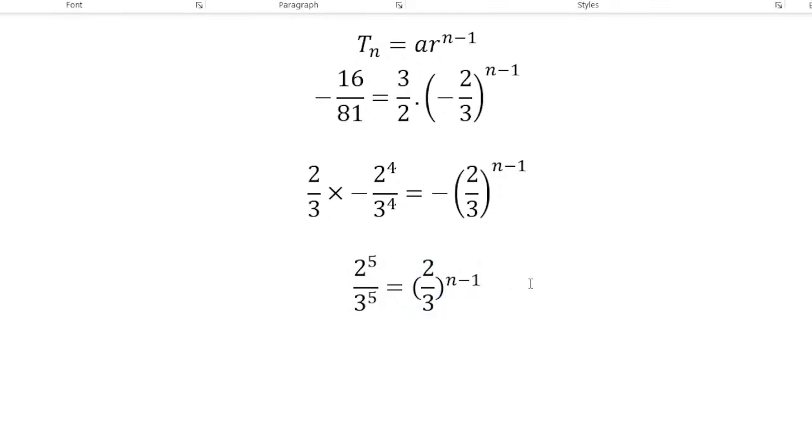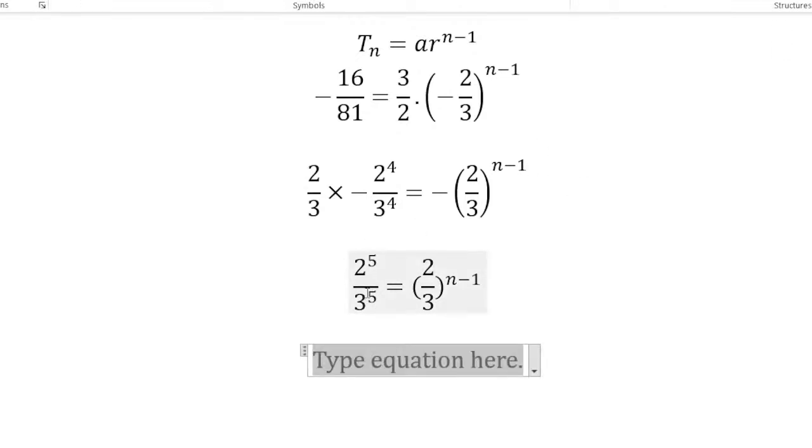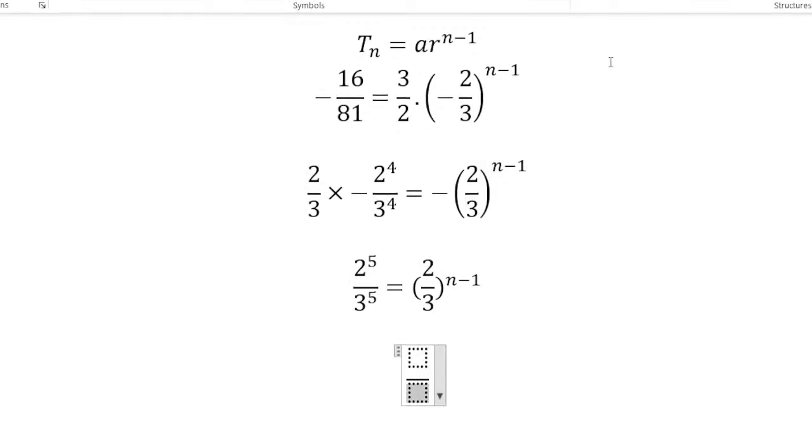Now let's take a common factor. On the left we can simplify like this: 2 over 3, then everything to the exponent 5, I hope you are following, is equal to the fraction 2 over 3, then everything to the exponent n minus 1.